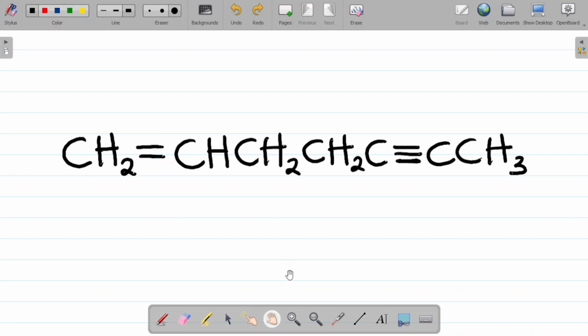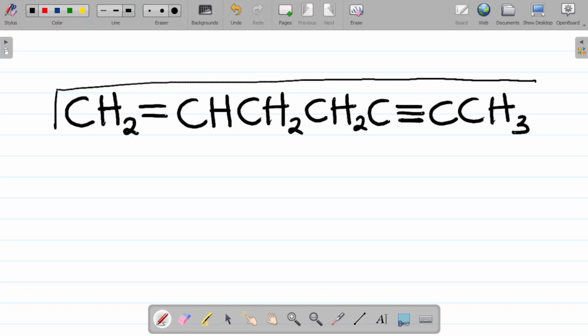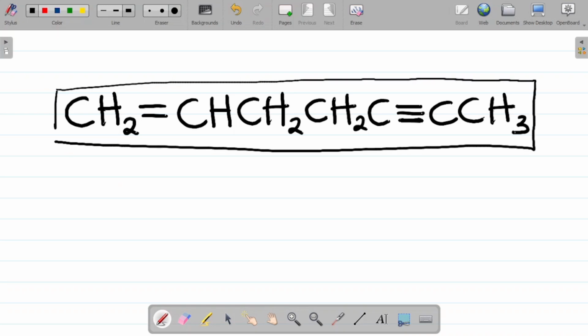For this, we'll still take our normal rules in naming organic compounds, which is that the first thing is that we have to consider the longest continuous carbon chain, which in this question would be all of this. This here should be my longest continuous carbon chain.